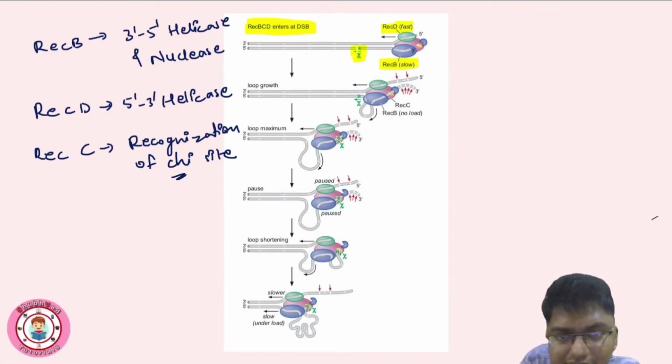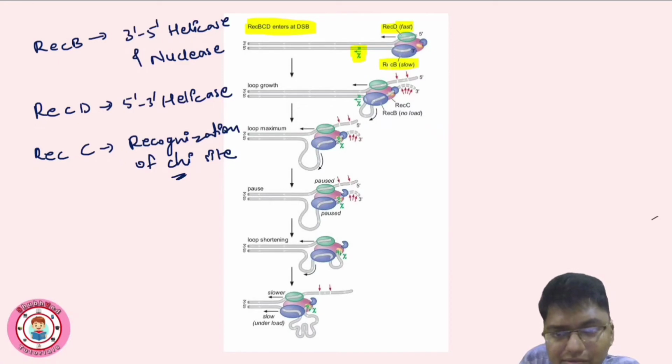See, chi sites are crossover hotspot instigators, which means this increases the frequency of recombination basically. RecD moves fast and RecB is slow.